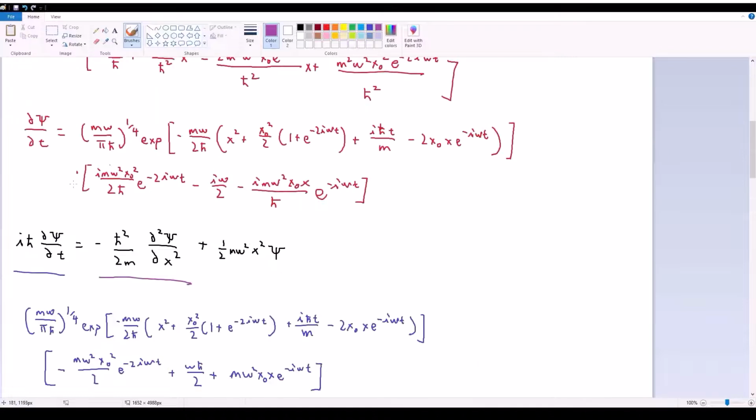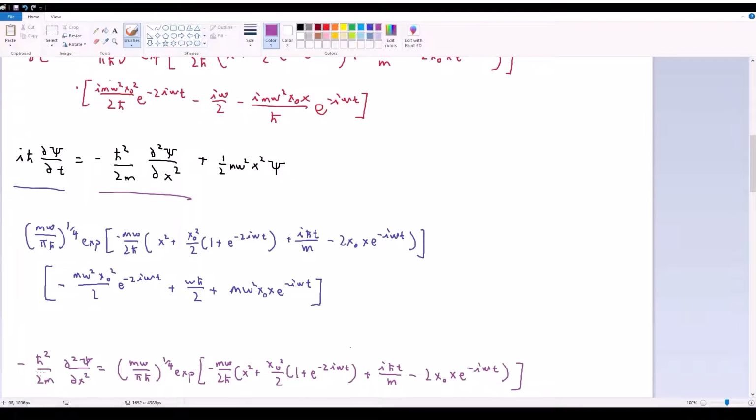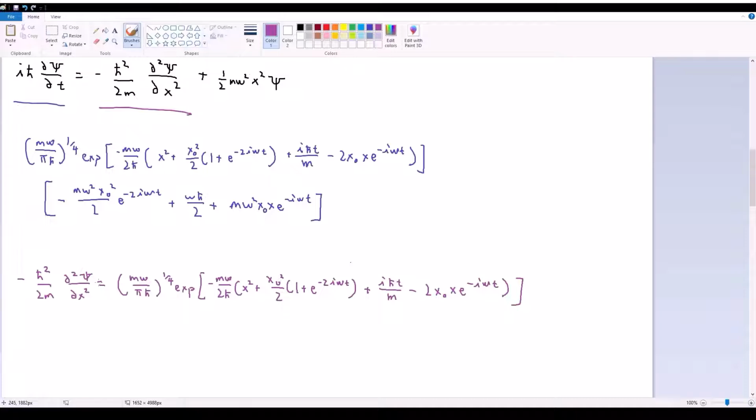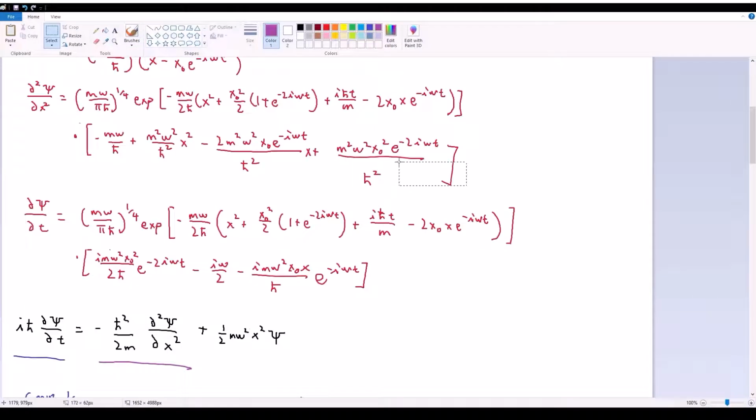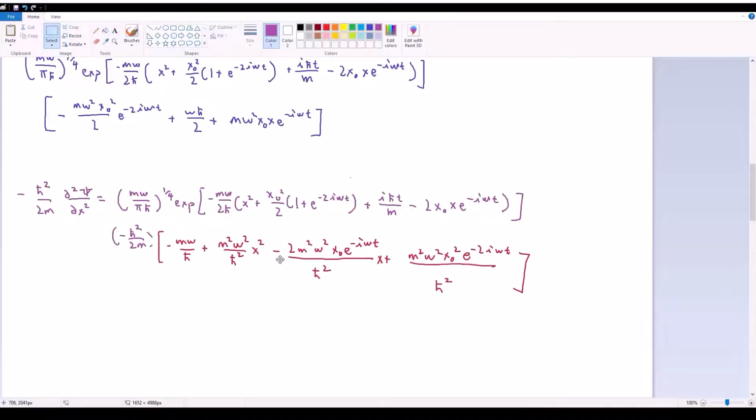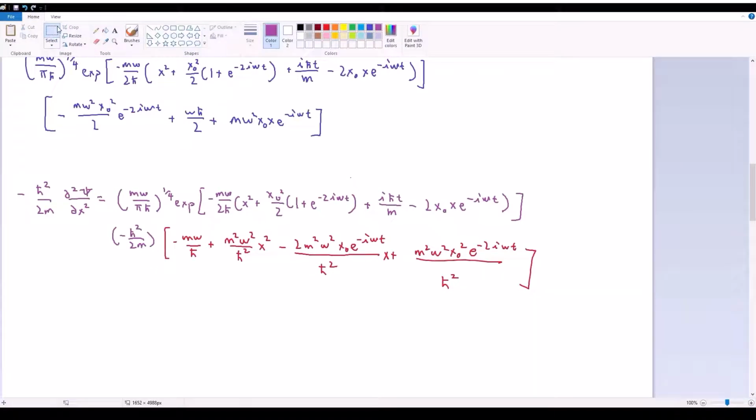And then now we multiply. So we're multiplying negative h bar squared over 2m by this parentheses expression right here, which I'm actually just going to copy paste over because I want to write this in two lines.